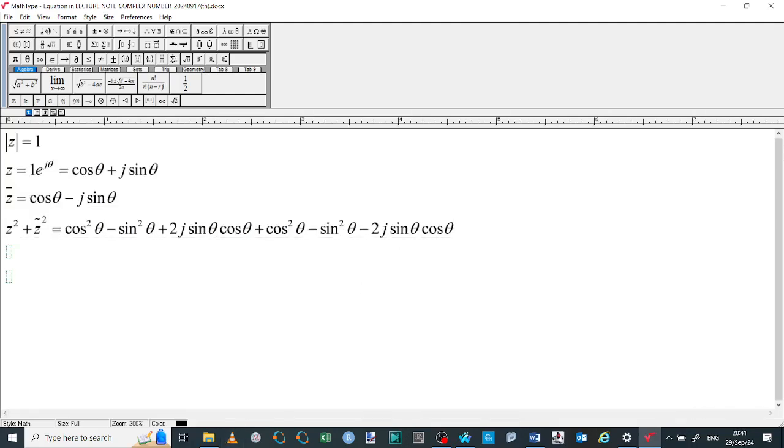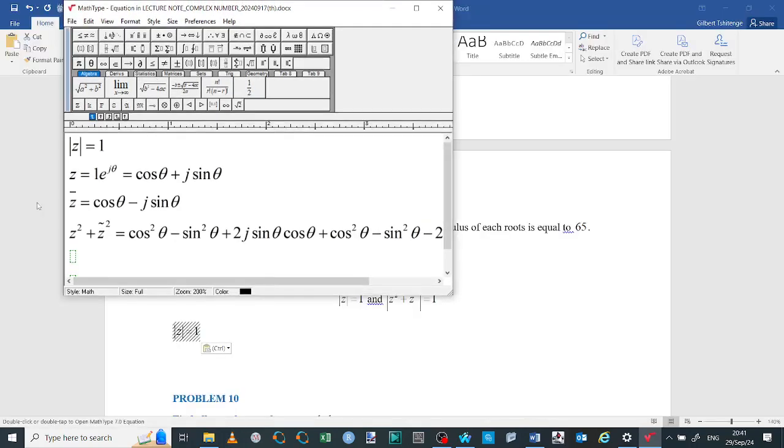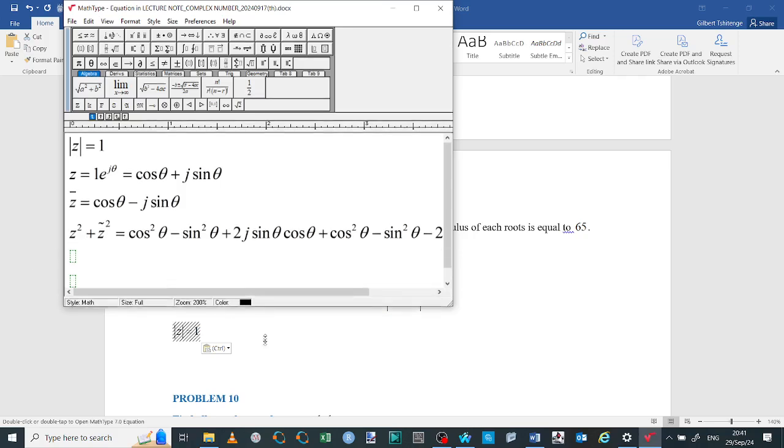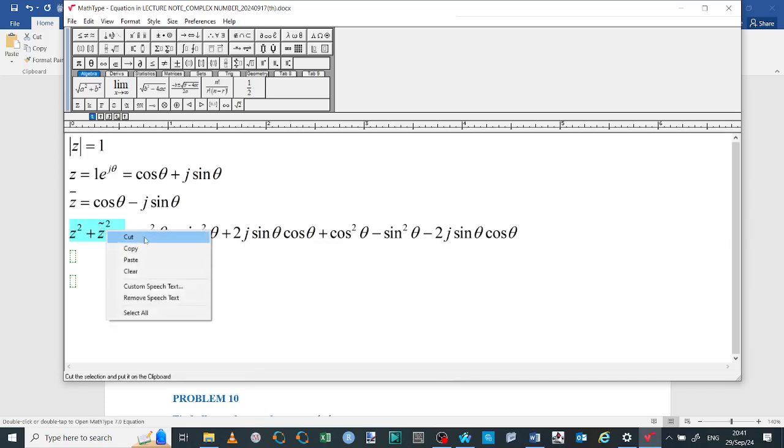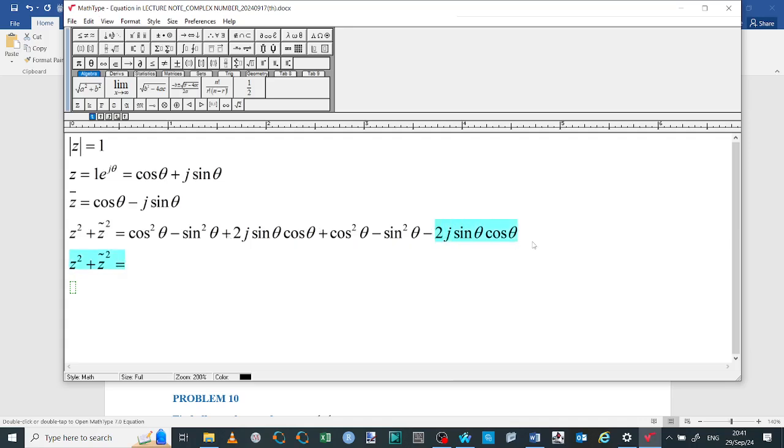Now, this quantity simplifies: this term and that term will give me 0, and I end up with 2 cos 2 theta.